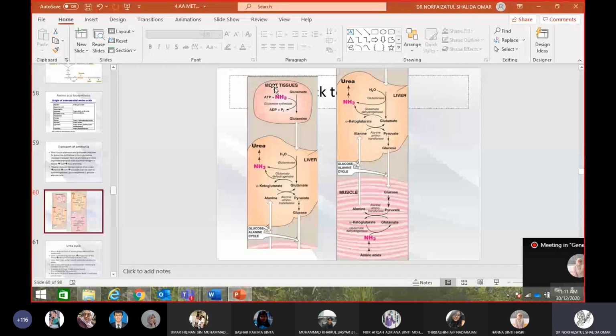And then it will be converted to glutamine.